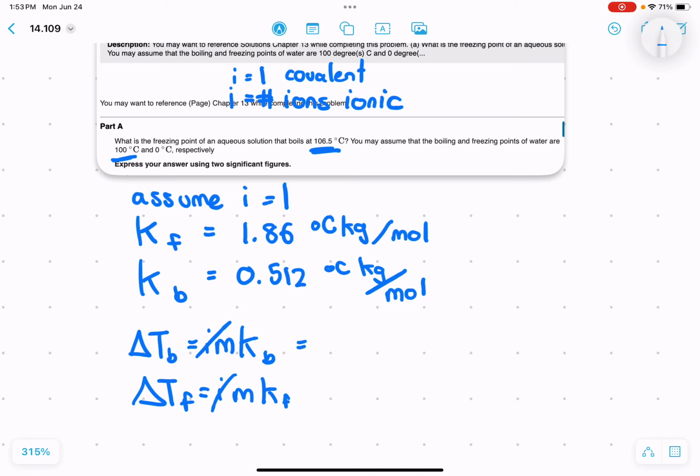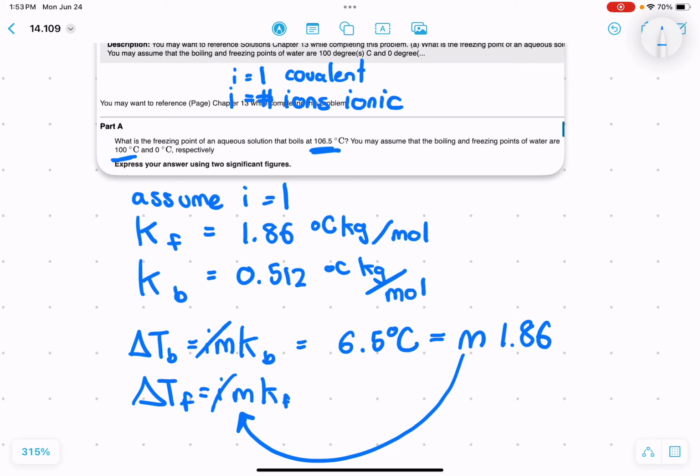So the delta T here is equal to 6.5 degrees C. And we know that the KF is 1.86. So we can actually solve for the molality and then plug it back in to this equation. Okay, so we're using the boiling point equation to find the molality, and then because it's the same solution, we're going to use that molality in the freezing point equation.